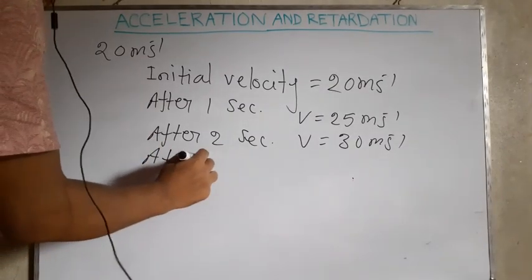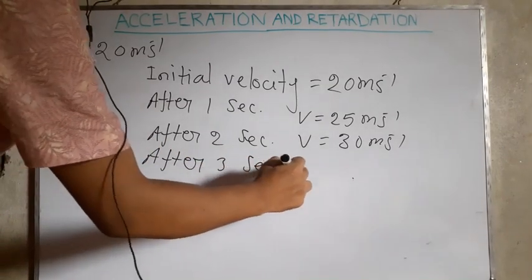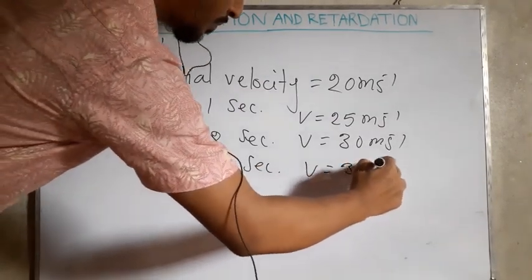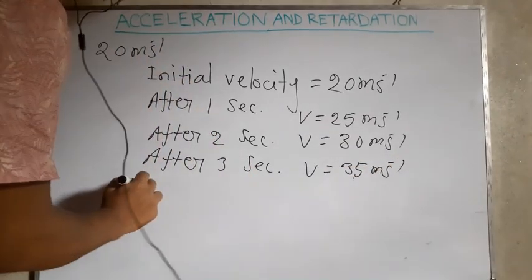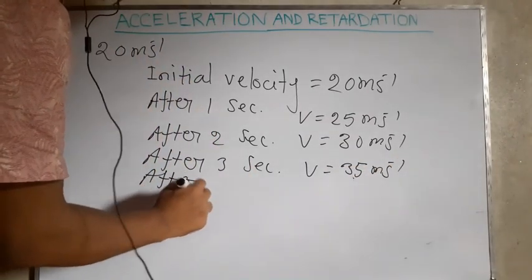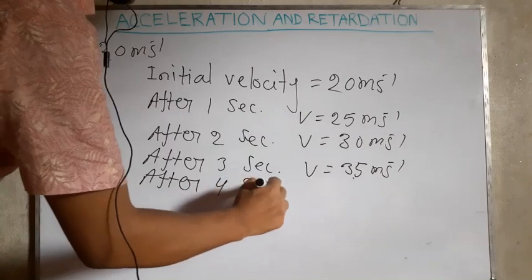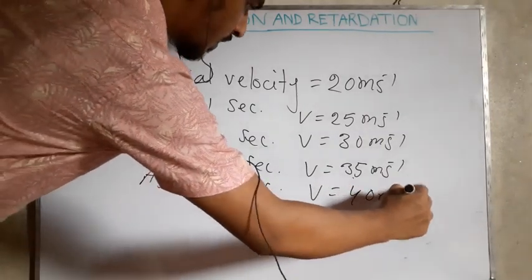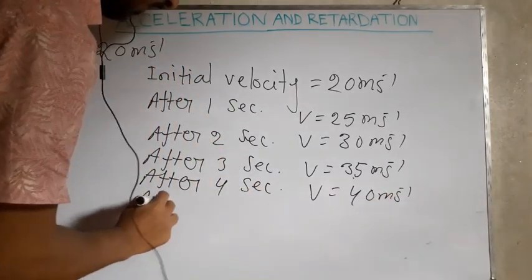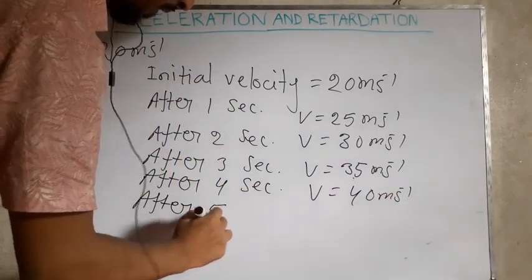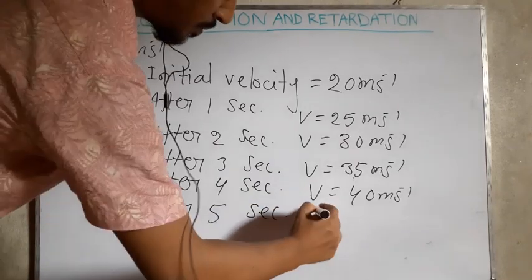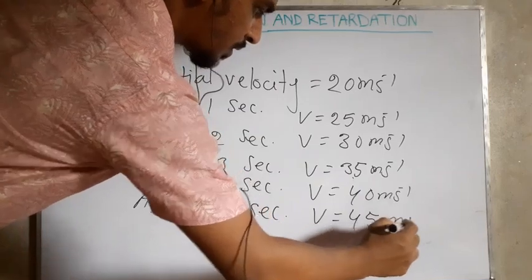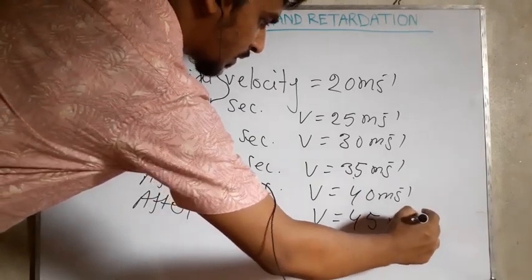After 3 seconds, velocity v is equal to 35 meter per second. After 4 seconds, its velocity is 40 meter per second. After 5 seconds, velocity v is equal to 45 meter per second.